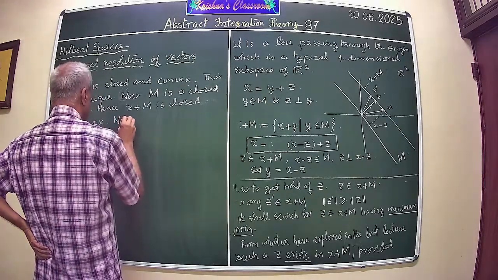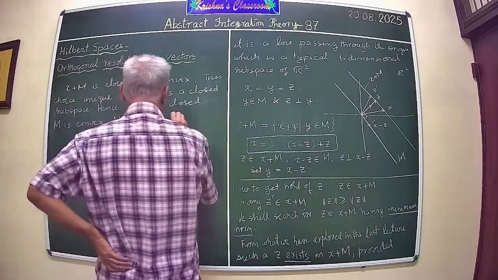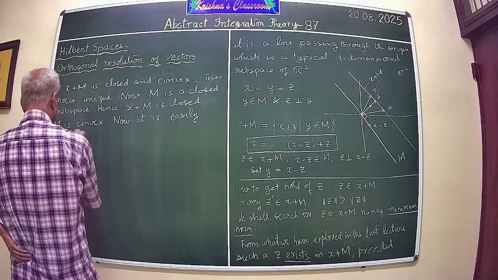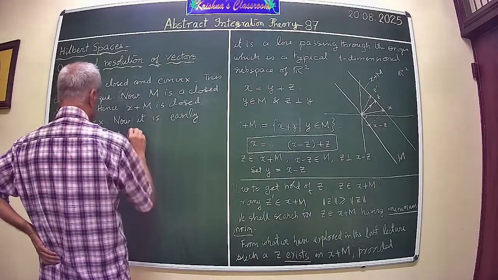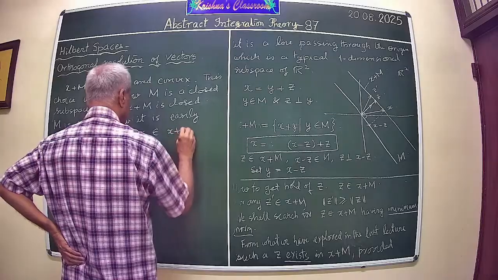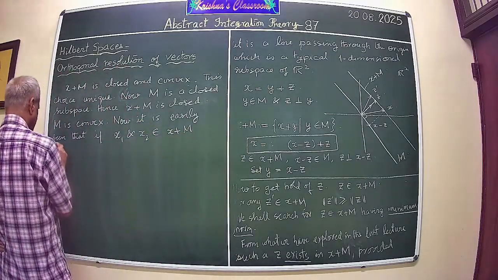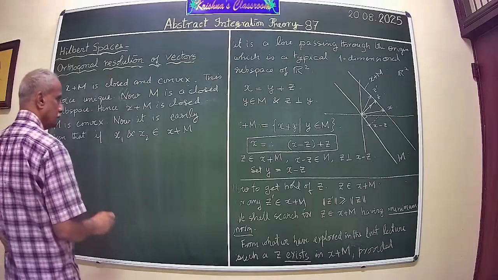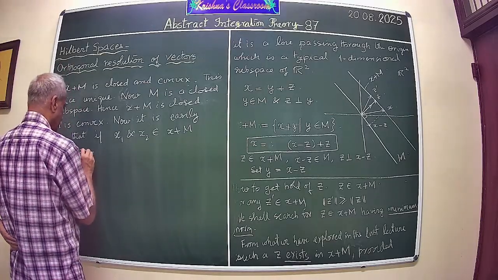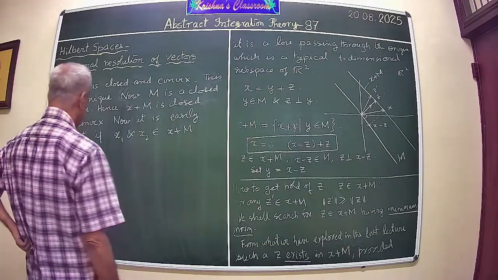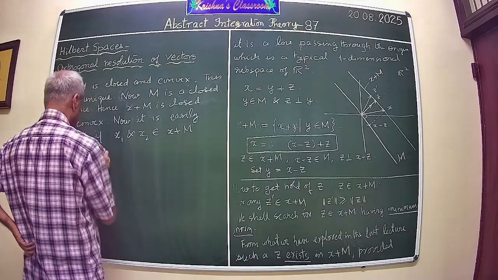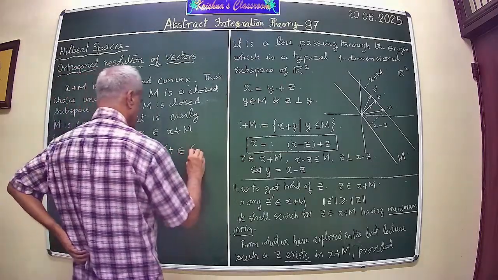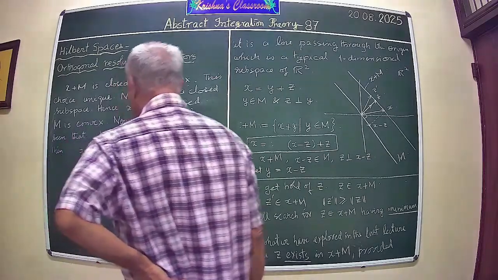Now it is easily seen that if x1 and x2 belong to x plus m, then zt equal to (1 minus t) x1 plus t x2 is the line segment joining x1 and x2.